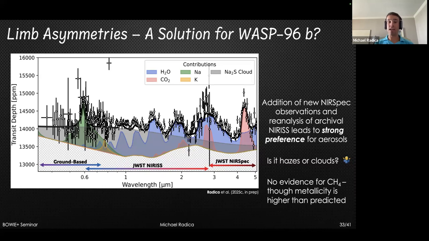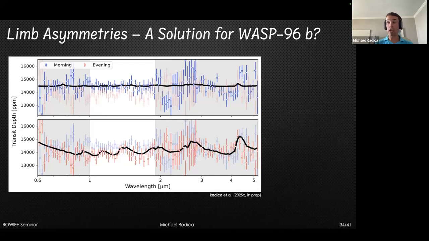We don't find any evidence for methane in the spectrum, though the atmosphere metallicity that we find is slightly higher than we had initially found with just the SOSS observations, which was a solar metallicity atmosphere. We find about a 10 times solar metallicity atmosphere, in which case methane is already going to be more depleted than it would be with just a solar metallicity case. So even if the methane is being homogenized over the entire planet, it still might fall below our detection threshold with these observations.